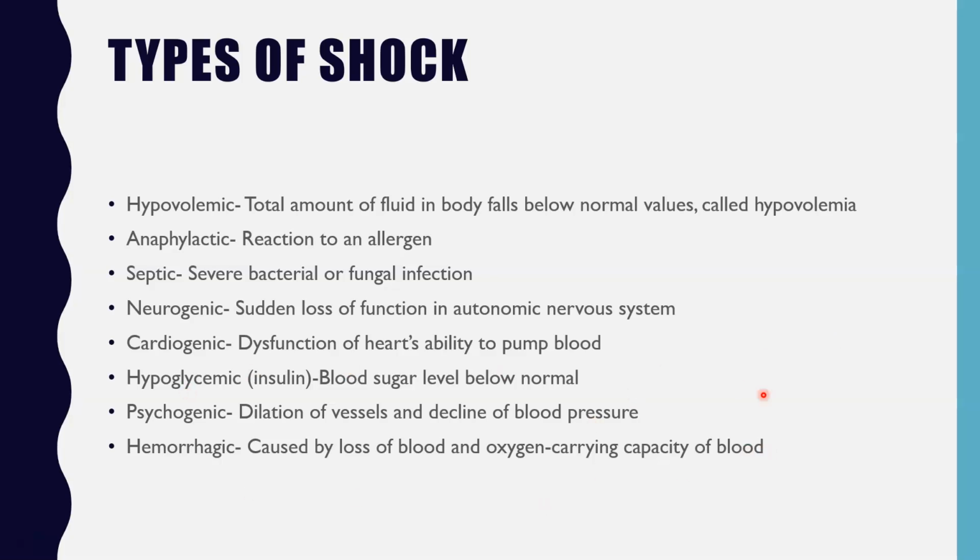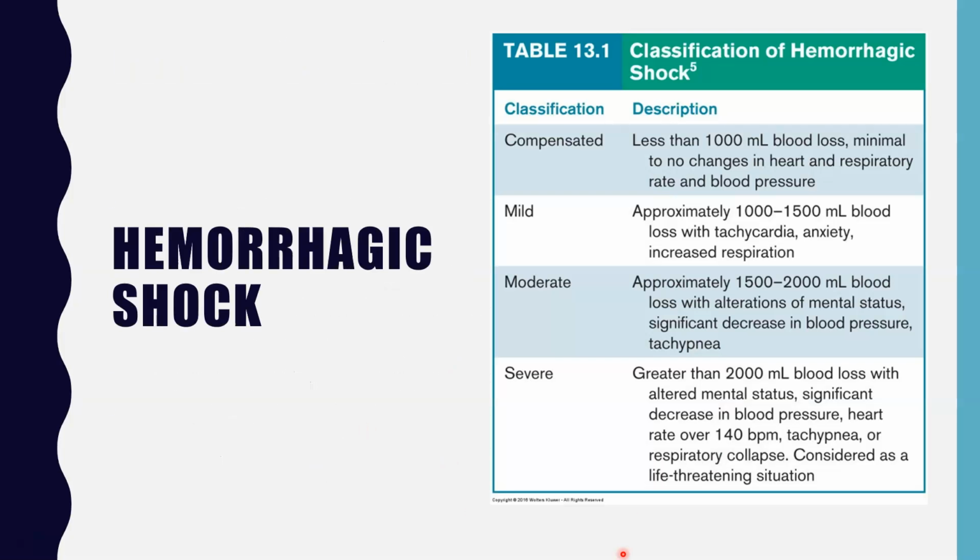Hemorrhagic shock then is our last one, caused by loss of blood and oxygen carrying capacity, and it is actually classified based on the amount of blood that is lost. And so of these, this is the most specific one for us to talk about with our shock, because in this case, right, our cause is to control the bleeding.